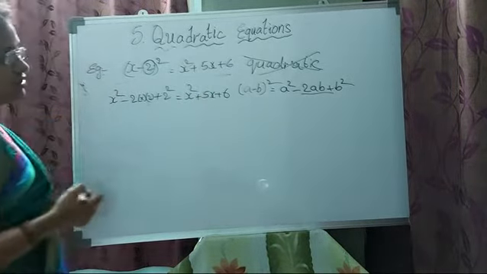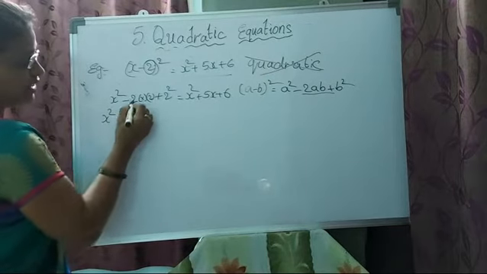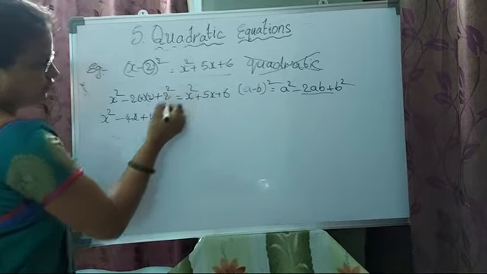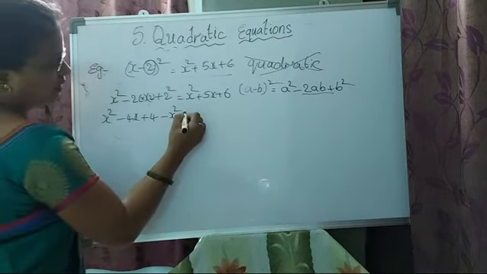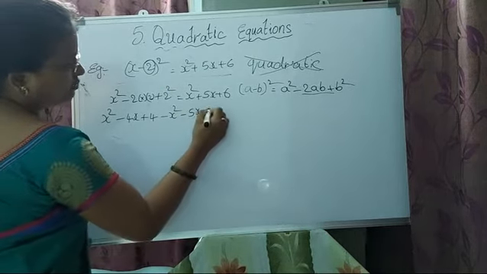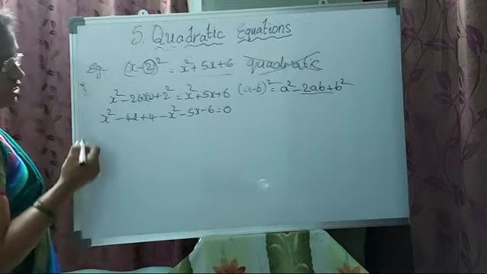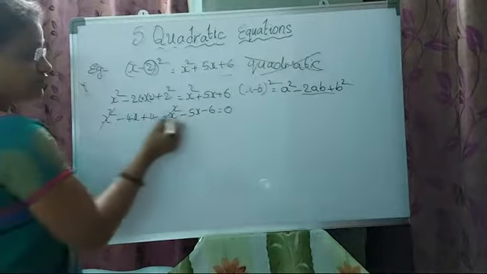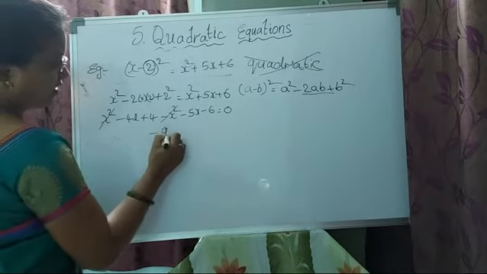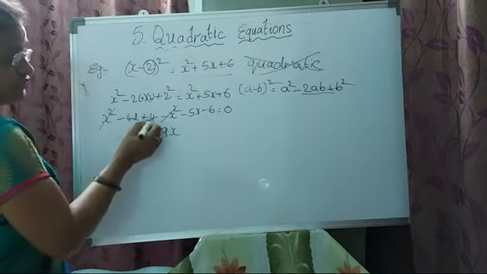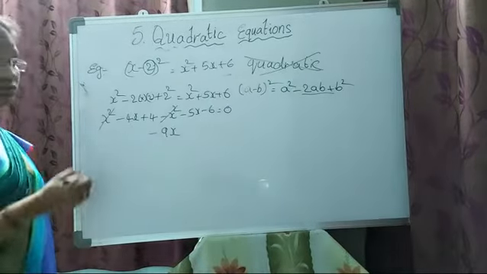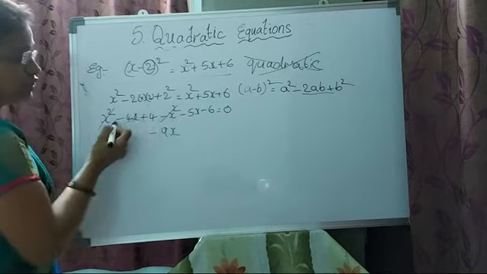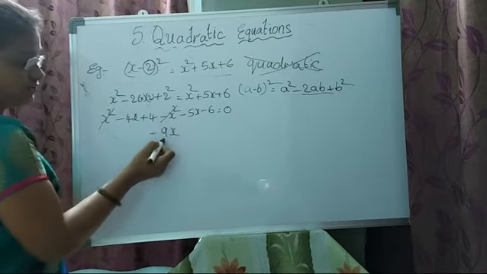As it is I wrote: x square minus 4x plus 4. If you bring the right side over, minus x square minus 5x minus 6 is equal to 0. Plus x square minus x square gets cancelled. Then minus 4x minus 5x: same symbols, so add 4 plus 5, 9.